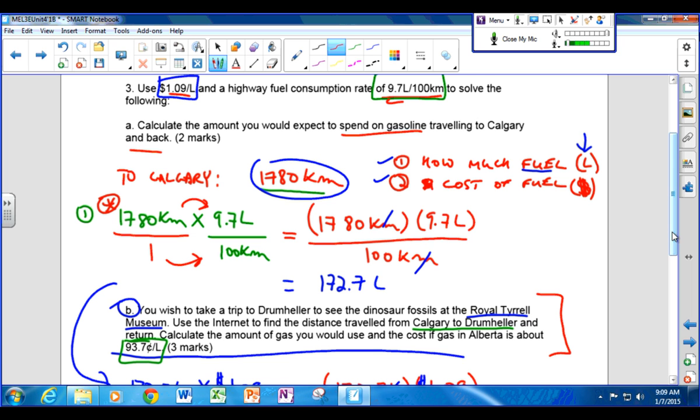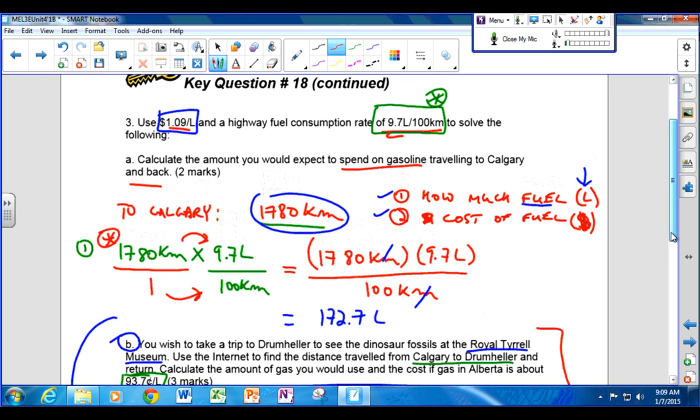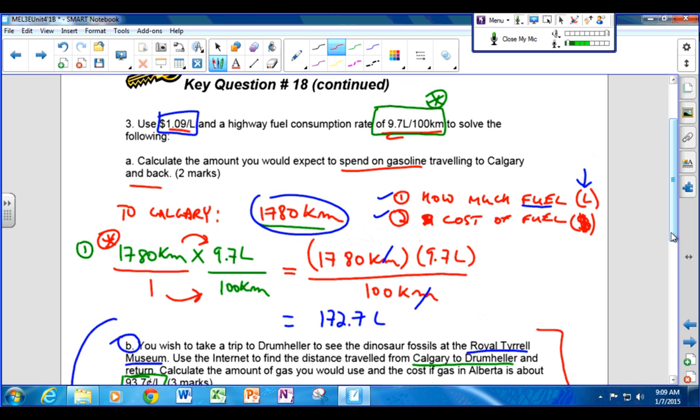They tend to not really do the two steps. The first step is how much fuel. So you're going to use the distance and the fuel consumption rate. You need the distance and you need the fuel consumption rate.